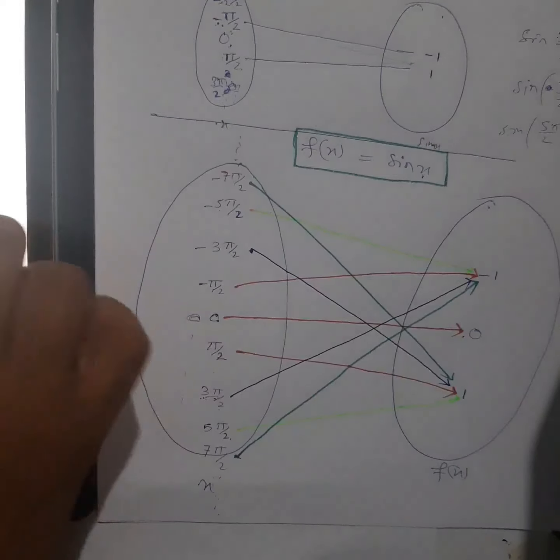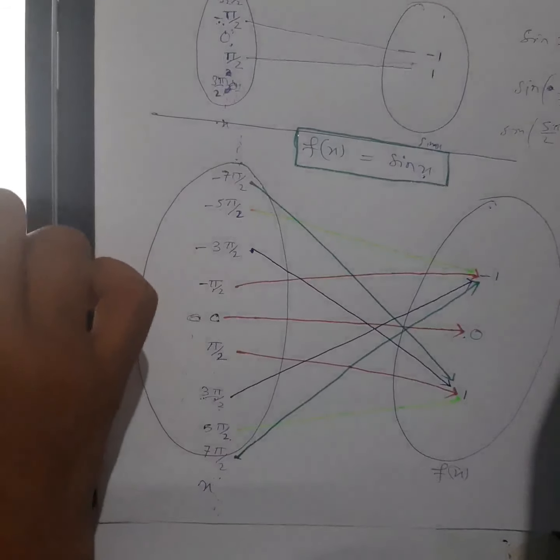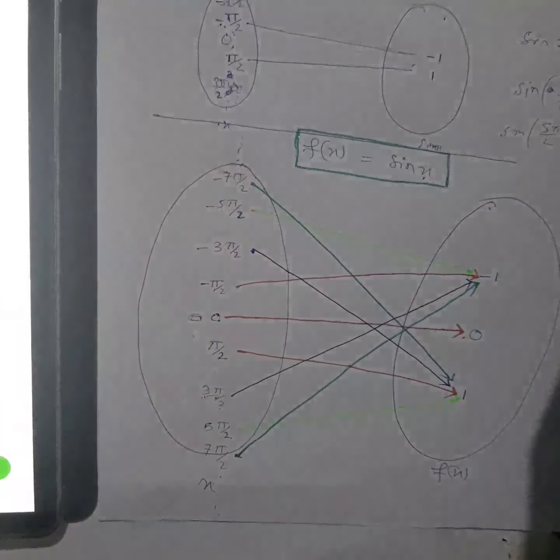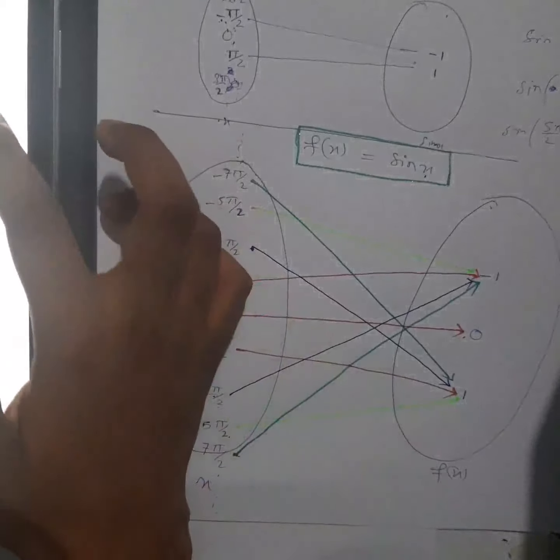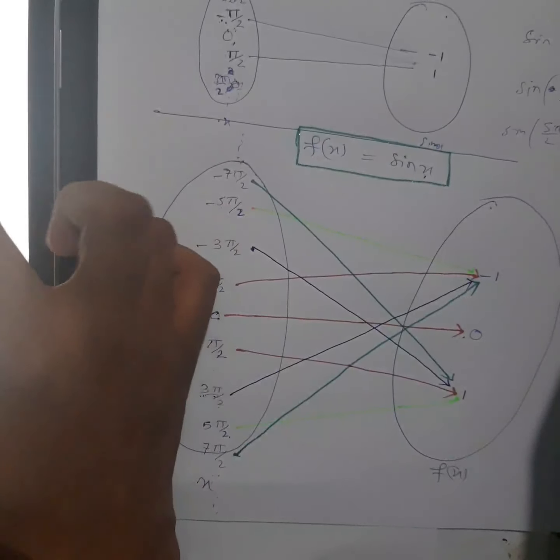Why am I putting this bracket? Some of you don't know. If I don't put the bracket, no problem, but still some students don't understand the BODMAS rule, so that's why I'm putting the bracket here.